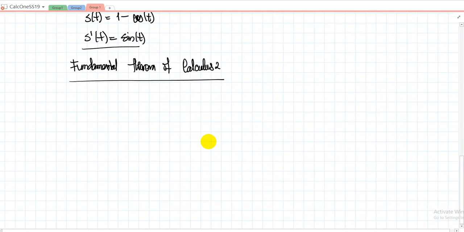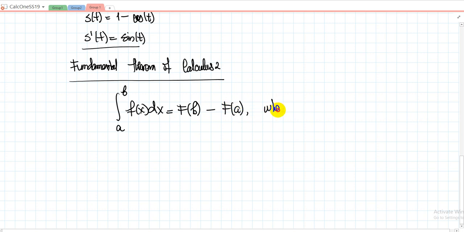It tells me that if I would like to evaluate the definite integral from a to b of f of x dx, then this will be equal to big F at the point b minus big F at the point a, where this big F is called the antiderivative of the small f. What does it mean?